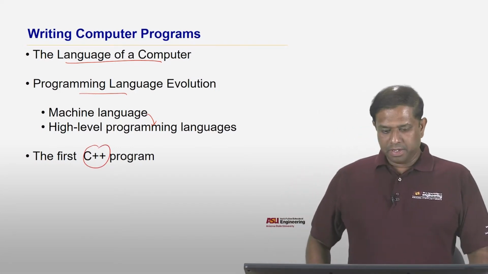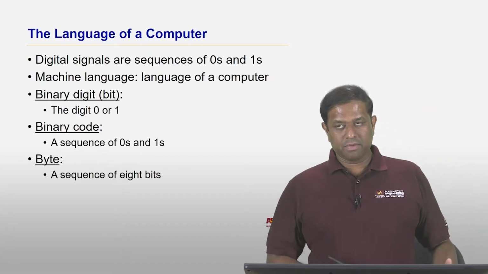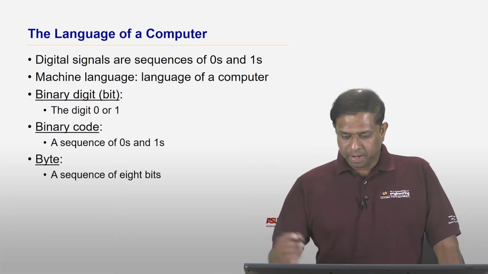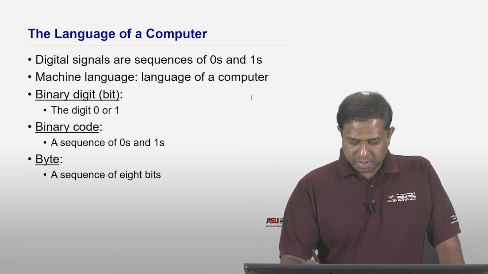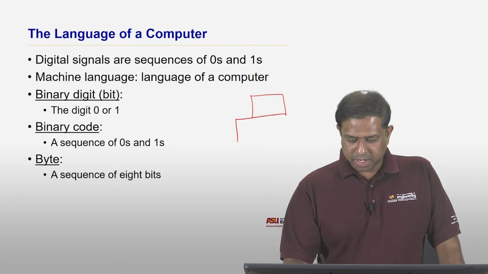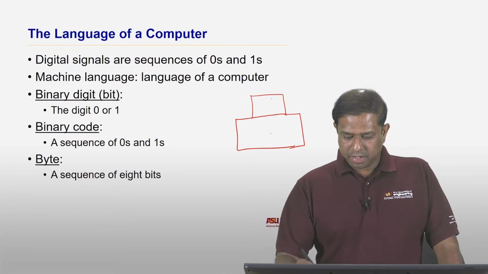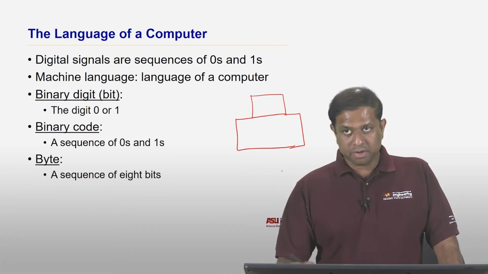Okay, all right. First let's take a look at the language of the computer and see what forms the computer in fact understands. A computer system is an electronic device. It has a monitor, CPU, and other parts that we talked about earlier.